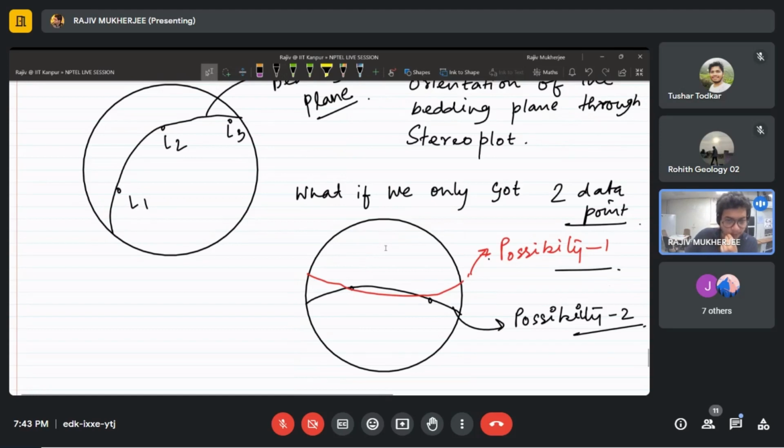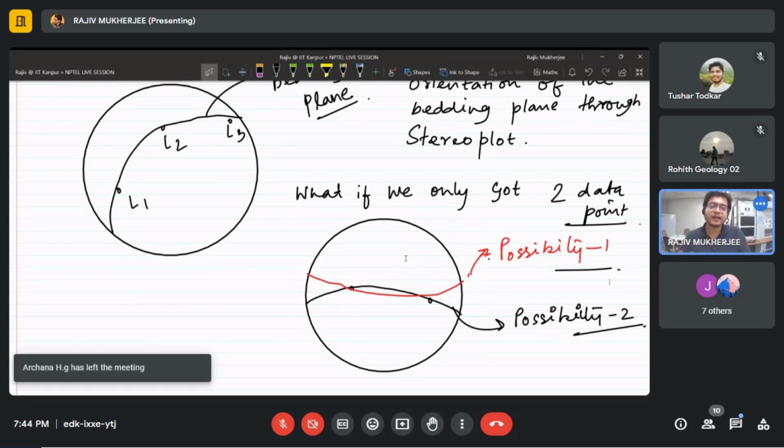If there are only 2 points, it is very risky to estimate the actual configuration of the bedding plane just by passing a great circle, because we are matching the geometry, and it can be in both sides, either side, right? Whether it could be dipping in one direction, and it could also dip in the opposite direction as well, right? Because it is just a geometric interpolation of the data.